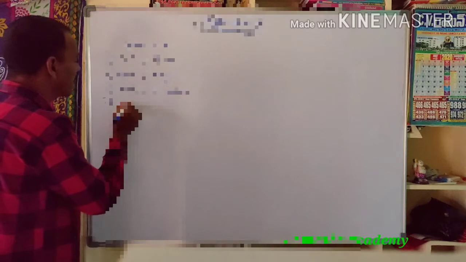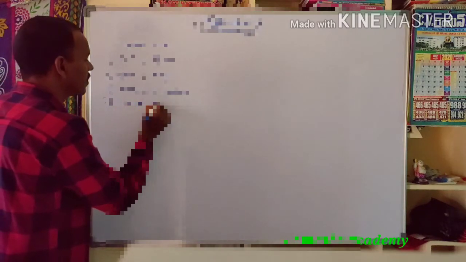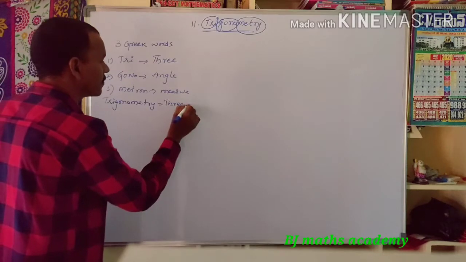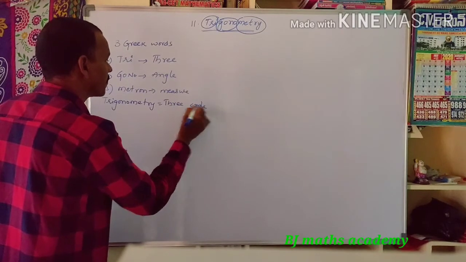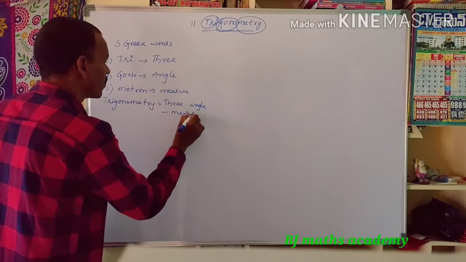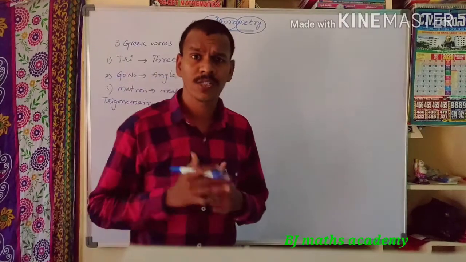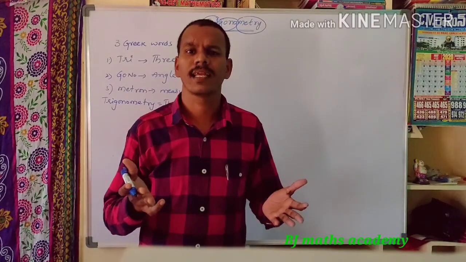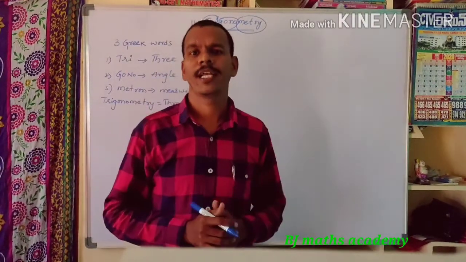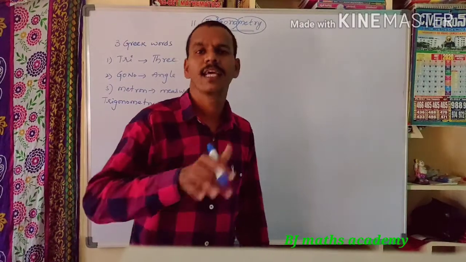Trigonometry is nothing but triangle measure. Where have we seen triangles? Already we have studied the triangle and its properties.